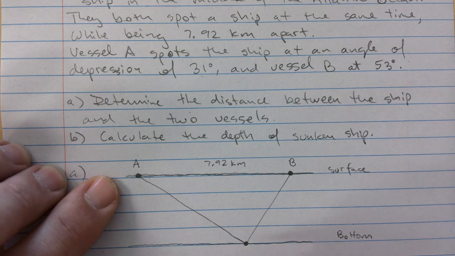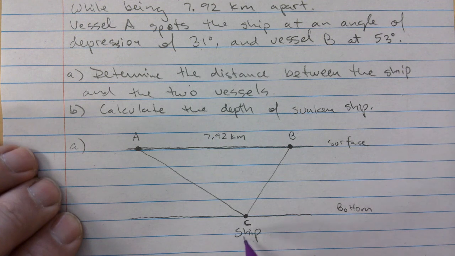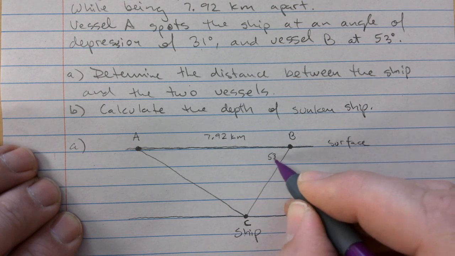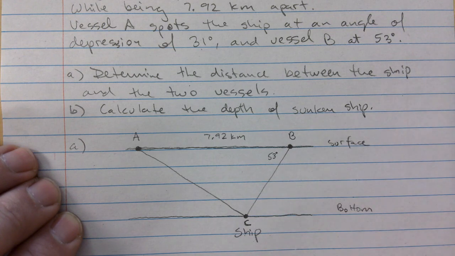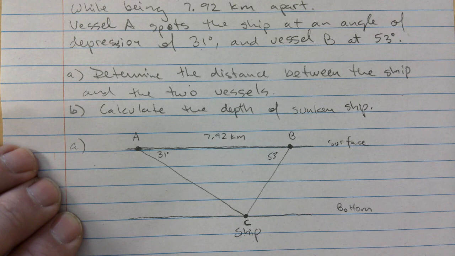Okay, this is the ship. We're going to call this C. Oh, you can see that there. Hold on, we're going to call the ship C. And really, I don't care if you're off. It just might help you a little bit to figure out what's what.